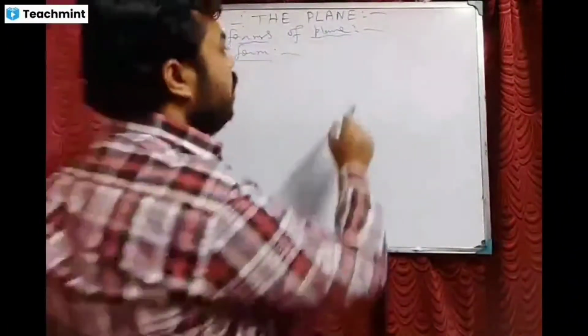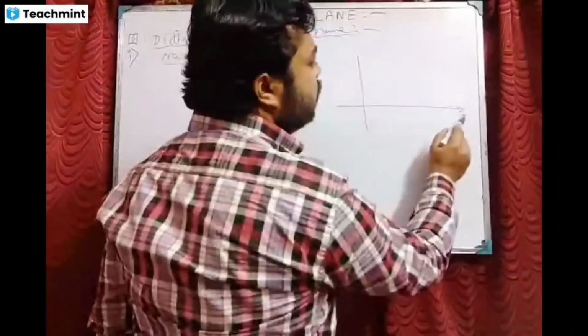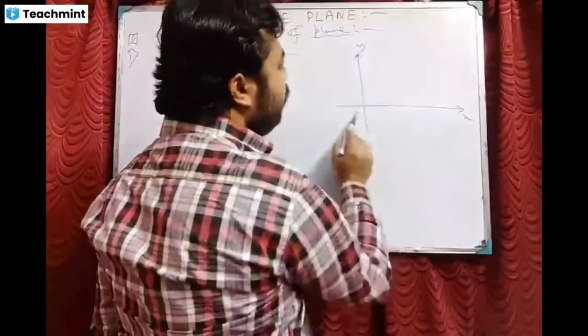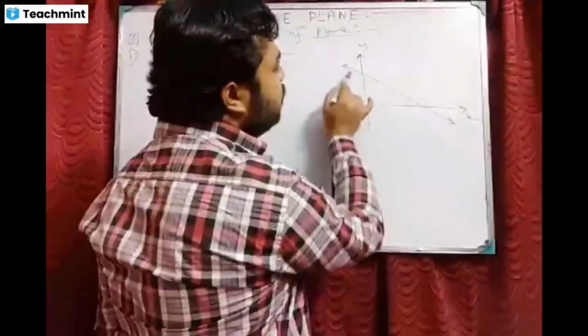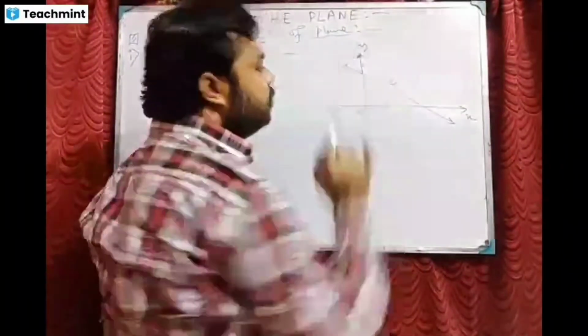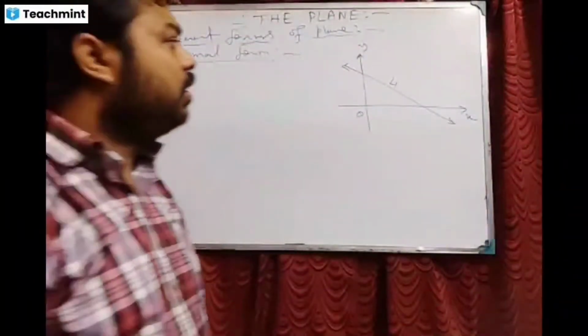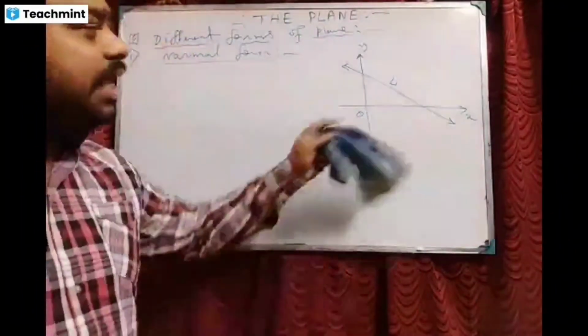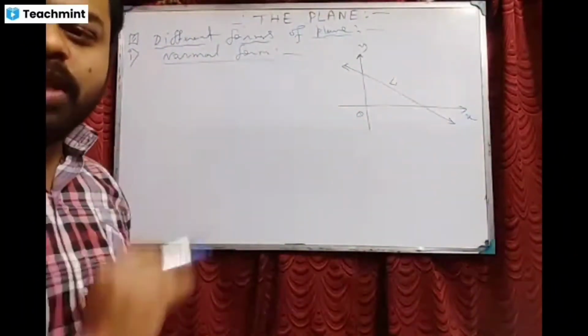See, this is our coordinate axis x, y. This is the origin. This is an arbitrary line, line L. So what is the equation of the line L in normal form?